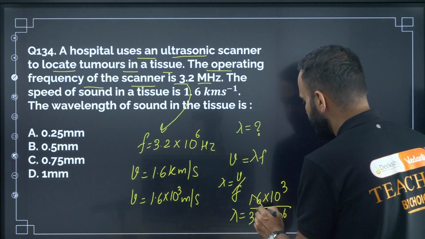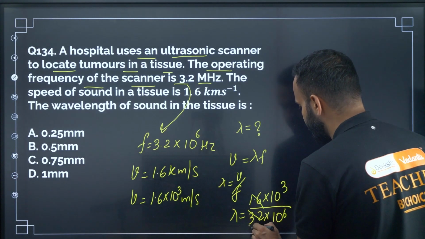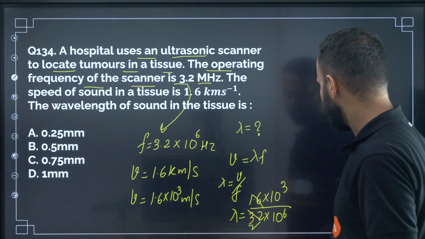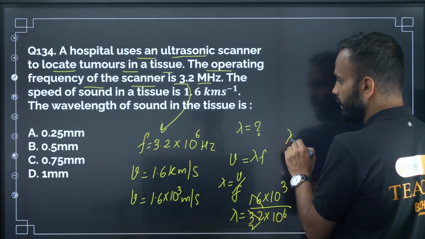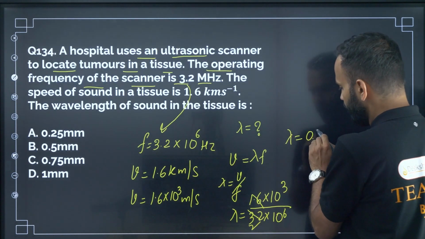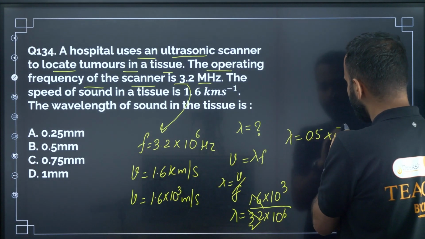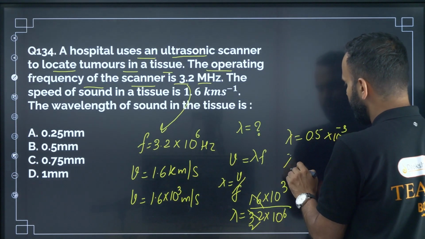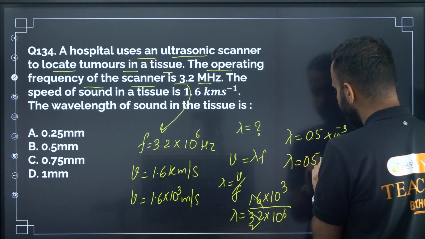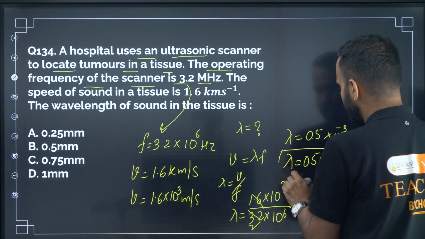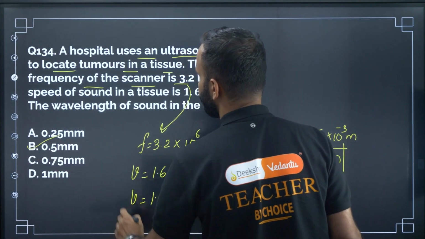So 1.6 by 3.2 is 1 by 2, which is 0.5. So lambda is equal to 0.5 into 10 to the power minus 3 meter. So lambda equal to 0.5 millimeter. So the correct option is B.